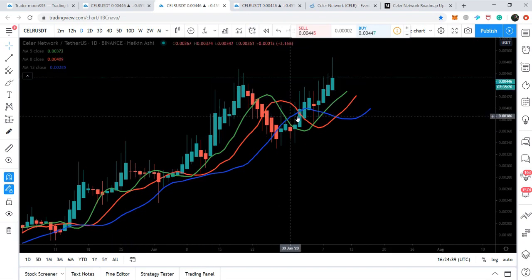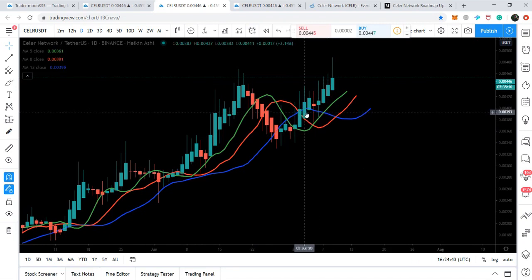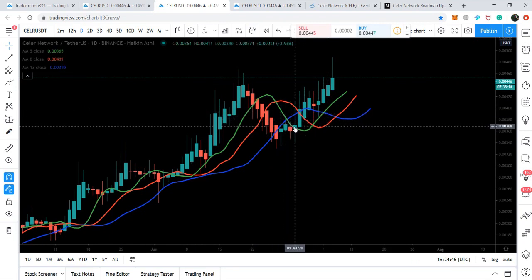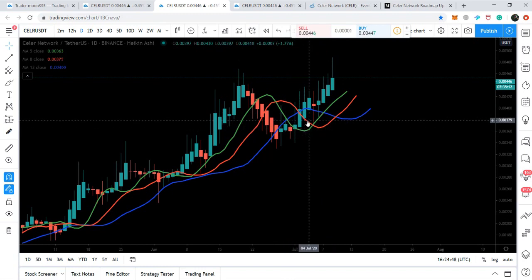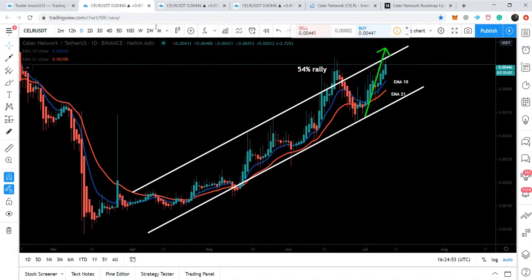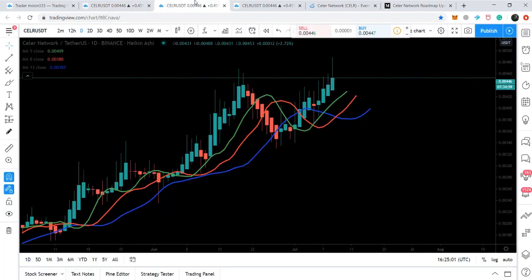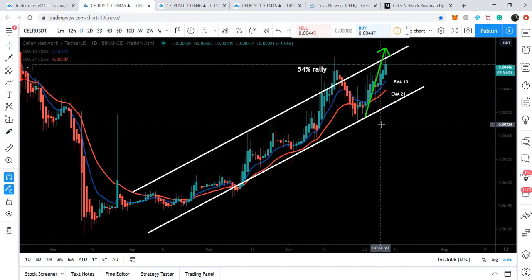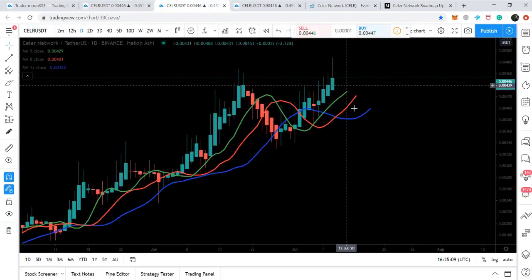For example, if we receive a bearish signal, where we have the smallest time period moving average below all, then the teeth, then the jaw, so this is a sell signal, but we need to understand whether the support of the channel has been broken down or not. If the channel support is not broken down, then we should not sell and we should hold the coin, in this case the token, and we should wait for the breakdown of the channel along with the sell signal by the Williams indicator.